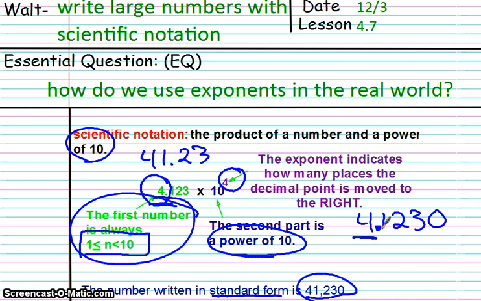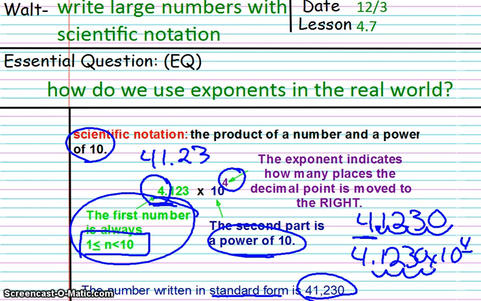And now we had to move it 1, 2, 3, 4 places. So that number becomes 4.123, and because we moved it 4 places, times 10 to the 4th. And the 4 will indicate how many decimals to the right we will move. 1, 2, 3, 4. I just snuck in a 0 there because I forgot to write it.